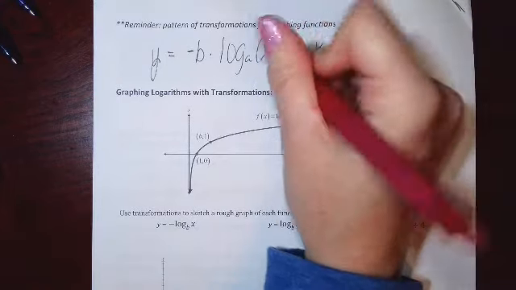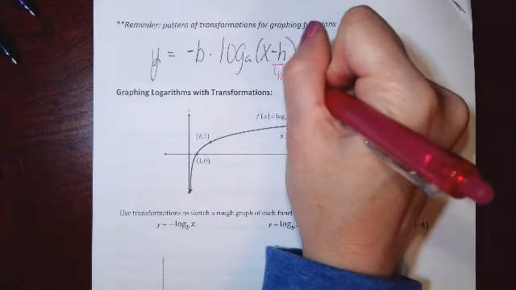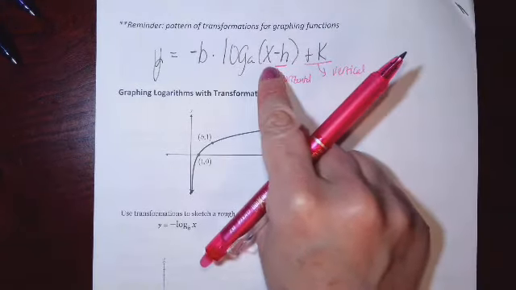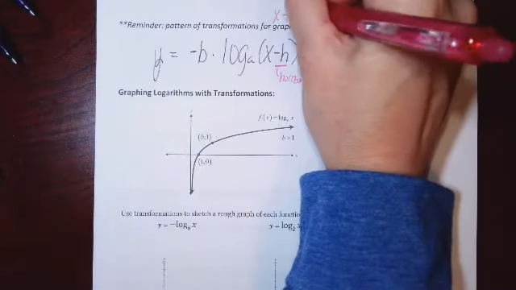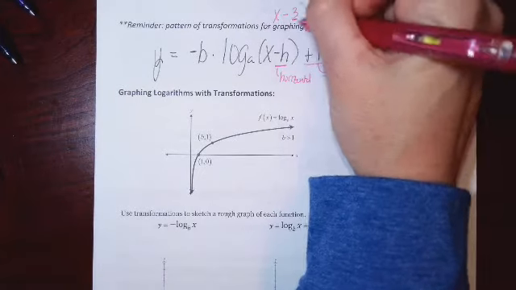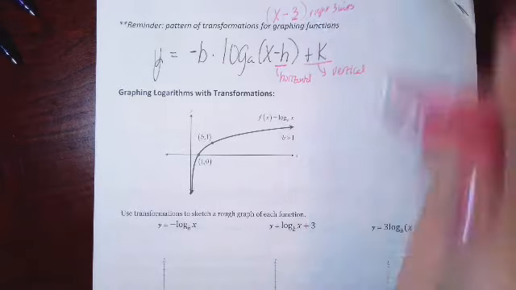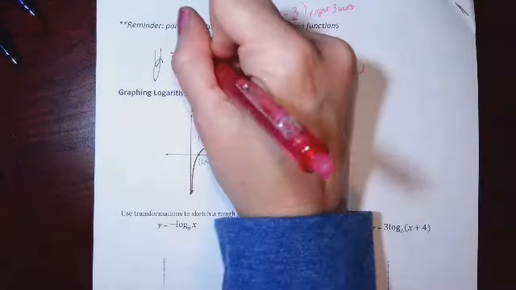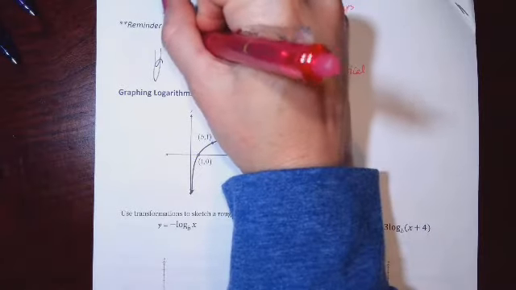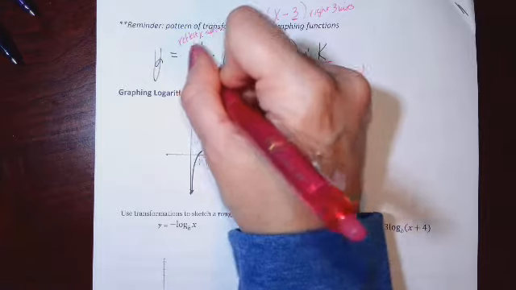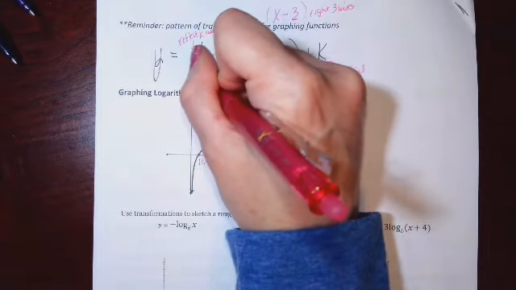This is my horizontal shift, left or right, and remember that this kind of goes opposite the way you think, because if I have x minus 3, that means I plugged in a positive 3, so that would go to the right 3 units. Any negative out front is going to reflect across the x-axis. Any coefficient would be a vertical stretch or shrink.